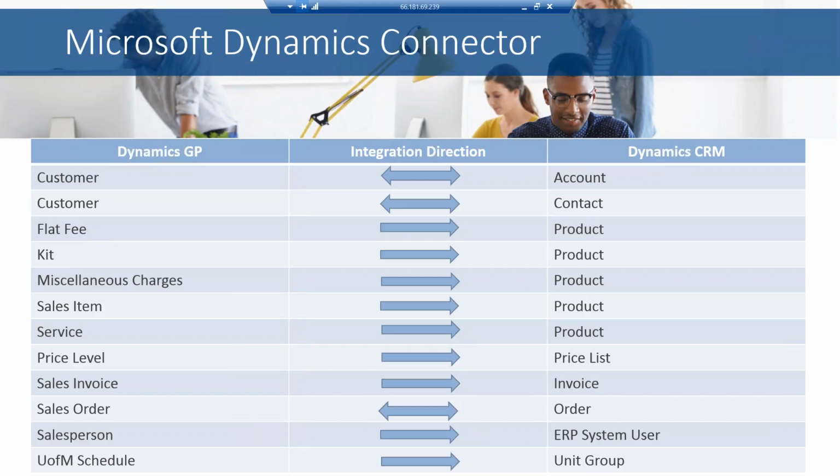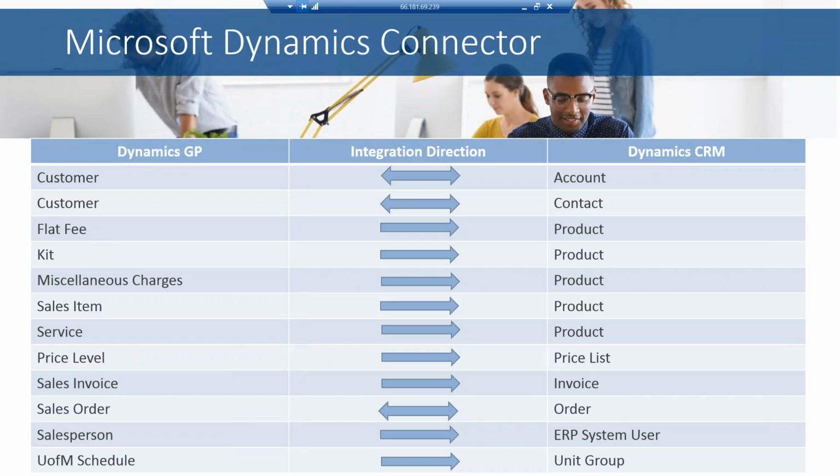So do I buy items in eaches and sell them in eaches, or do I buy them in cases and sell them in eaches, or how do I translate those quantities in how I purchase and how I sell, and can that vary? Those unit of measure schedules are going to need to translate from GP and the inventory over to Dynamics CRM.